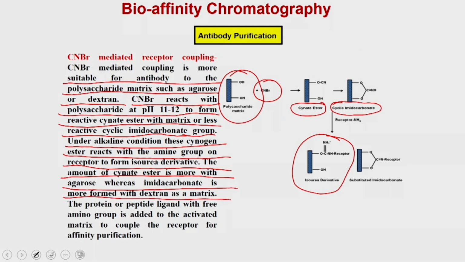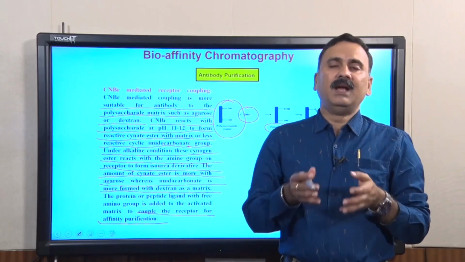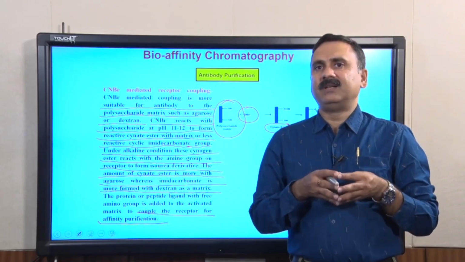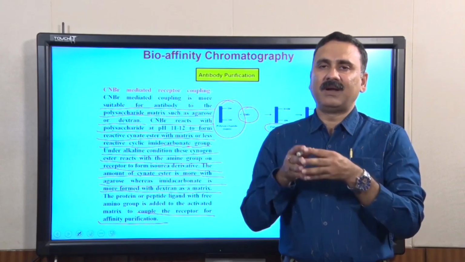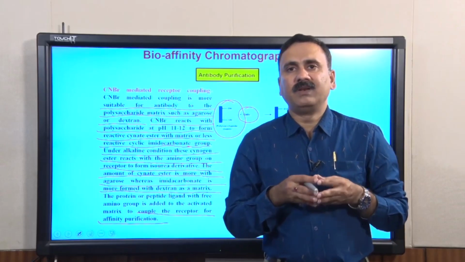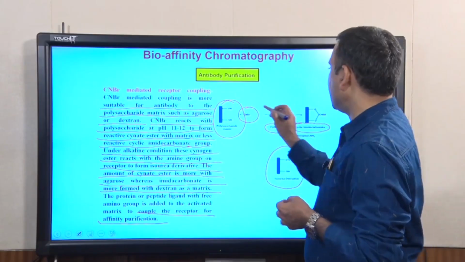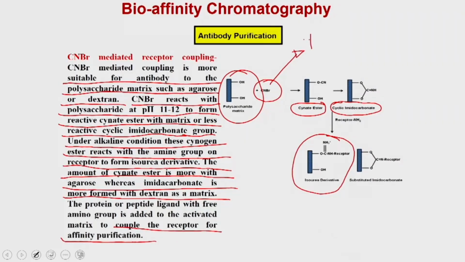The protein or peptide ligand with a free amino group is added to the activated matrix to couple the receptor for affinity purification. As I said, the CNBR can be added to the polysaccharide matrix, either agarose or dextran, and it is going to activate the matrix, and then ultimately the matrix is going to bind the antigen through the free amino group. But there is a problem: cyanogen bromide is very toxic in nature.